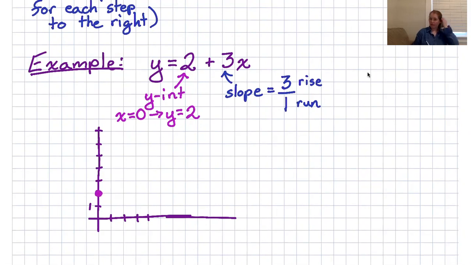Right? So it falls on our y-axis, hence the y-intercept. And then our slope, we have a rise of 3.